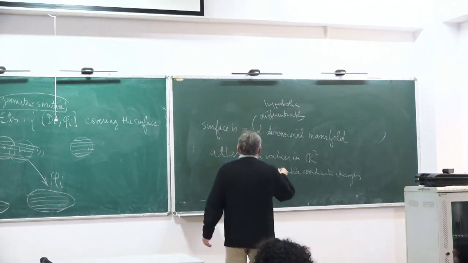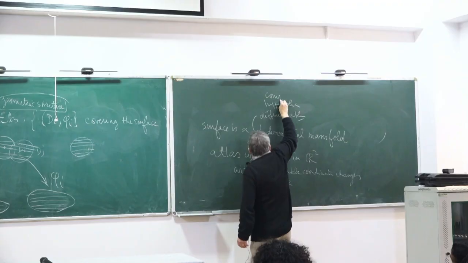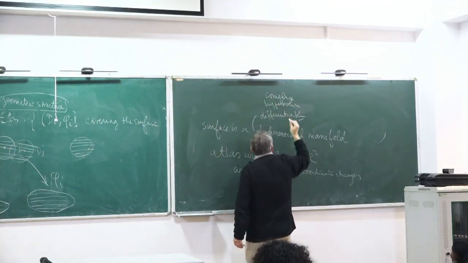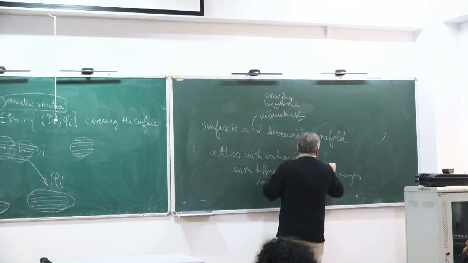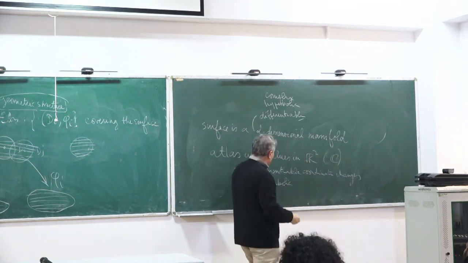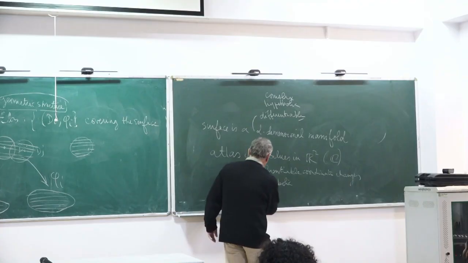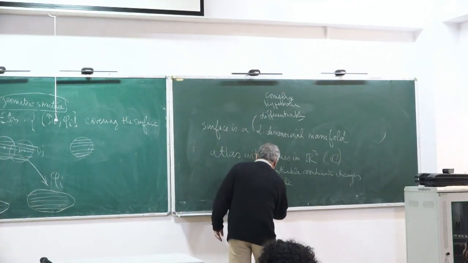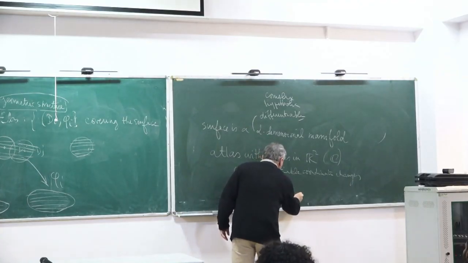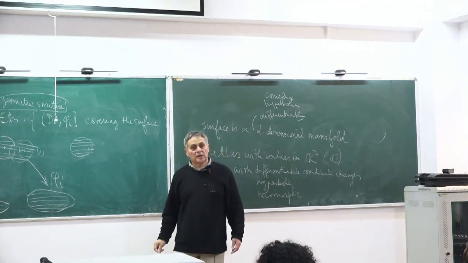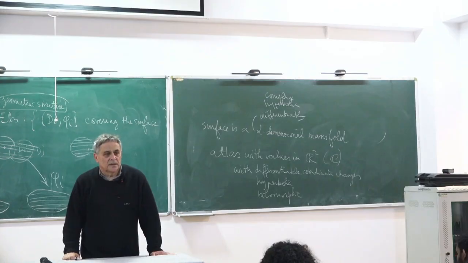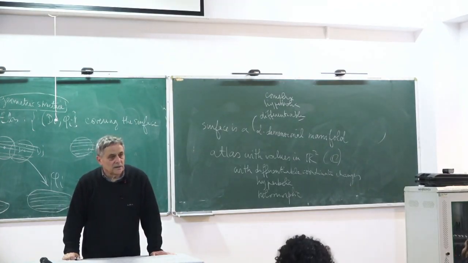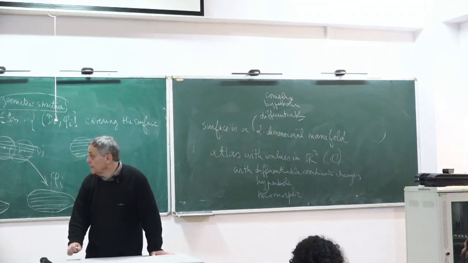A surface can be a complex manifold, which means that I have an atlas with values in C with holomorphic coordinate changes, and so on. So when you say I have a manifold, you must be more precise. You must say what kind of manifold I have. Complex manifold, and so on.